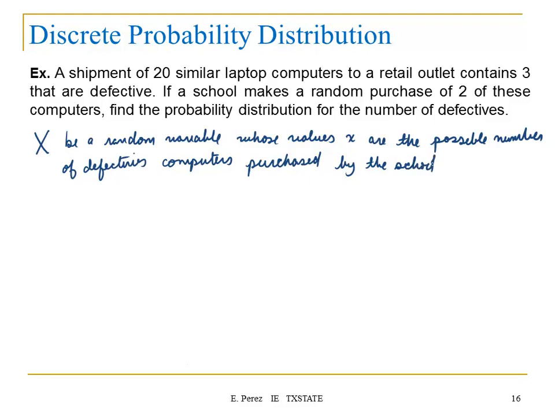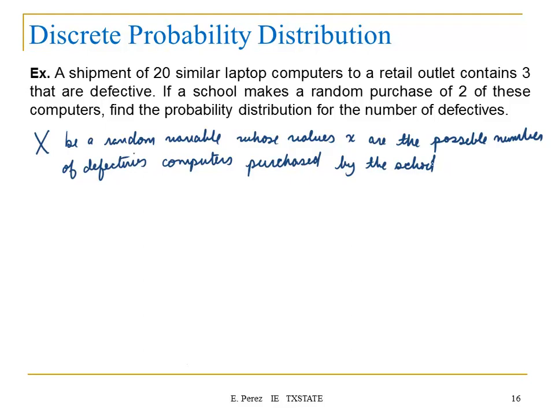Okay, so that's your random variable. And what are the values that this random variable can take? 0, 1, and 2. Everybody got that? And why is that? Because you can only have 0 defective, 1 defective, or 2 defective.